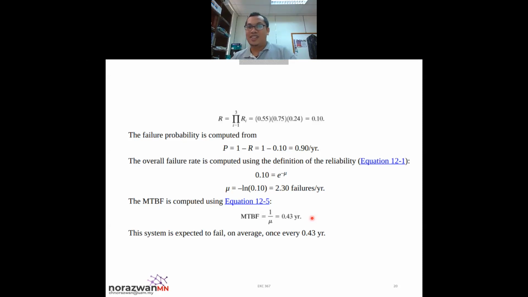The engineer who designed this, remember, this is because of the series system. If you can change this series system into a parallel system, then you will see the reliability increase and the failure rate decrease.